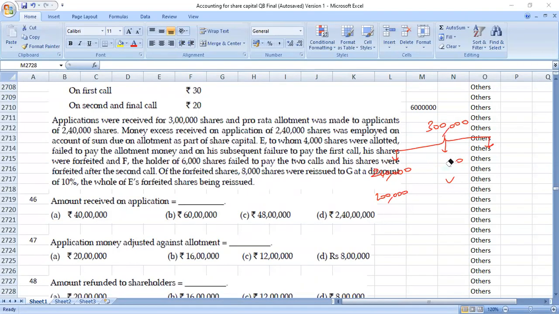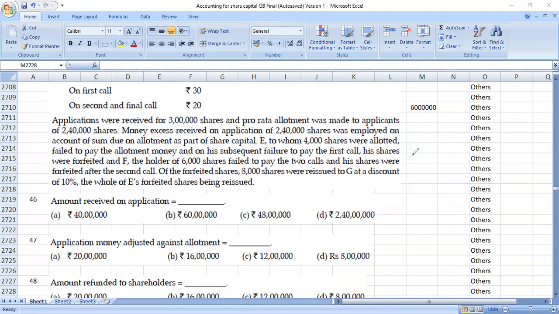That money will not be used to adjust against allotment. So நம்மளோட calls in advance after application: 2,40,000 applications-க்கு 2 lakh shares நம்ம கொடுத்துருக்கோம். So 40,000 shares extra, ஒரு ஷேருக்கு 20, so 8 lakh rupees is actually the calls in advance available after application. So 8 lakh is the money adjusted against allotment.